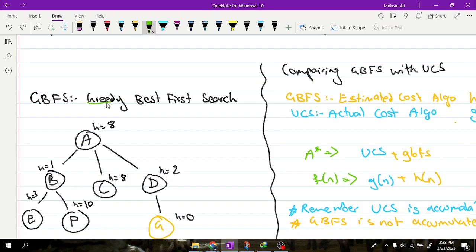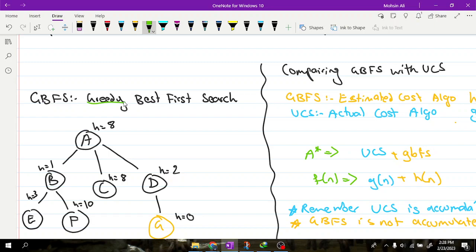Whenever it's greedy, it will always choose something. Sometimes greedy means choosing the minimum distance, sometimes the maximum distance, or sometimes some other condition, but it will always be prone to choosing that type of node or information. So in this example, we will be greedy towards the smallest heuristic.